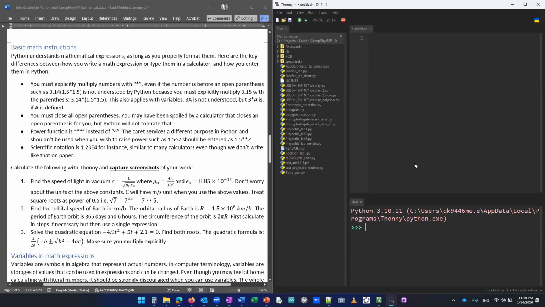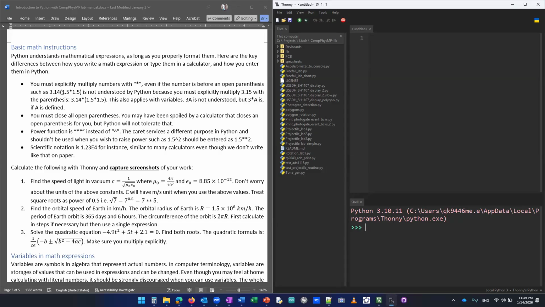Now that it's running, these are the things you need to understand between Python and a pure mathematical expression. A Python expression requires every operation, such as multiplication, to be explicit. In a math expression, you can say AB, which means A times B, but in Python, we must have the multiplication sign out.